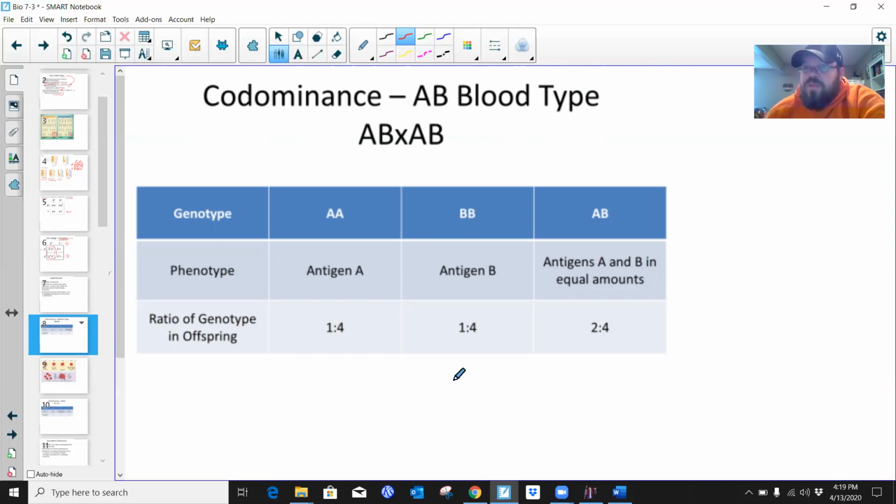Those that are type A blood types, genotype AA, will produce these antigens within their blood supply that only allow them to, say, transfuse, if you were to need a blood transfusion, type A. If you're type B, those that have type B blood type produce antigens in their bloodstream that only will accept type B. Those that are type AB are expressing or creating these antigens within their blood supply in equal amounts of both.